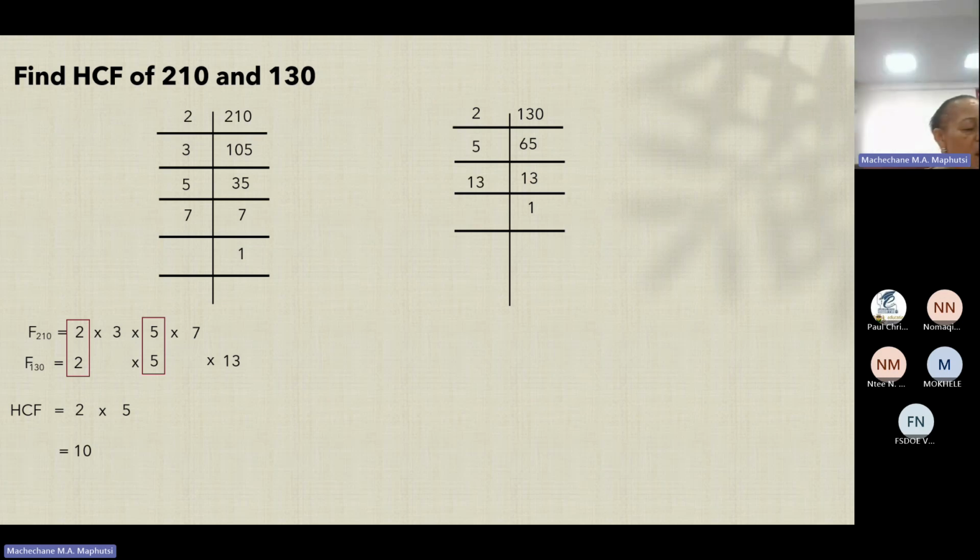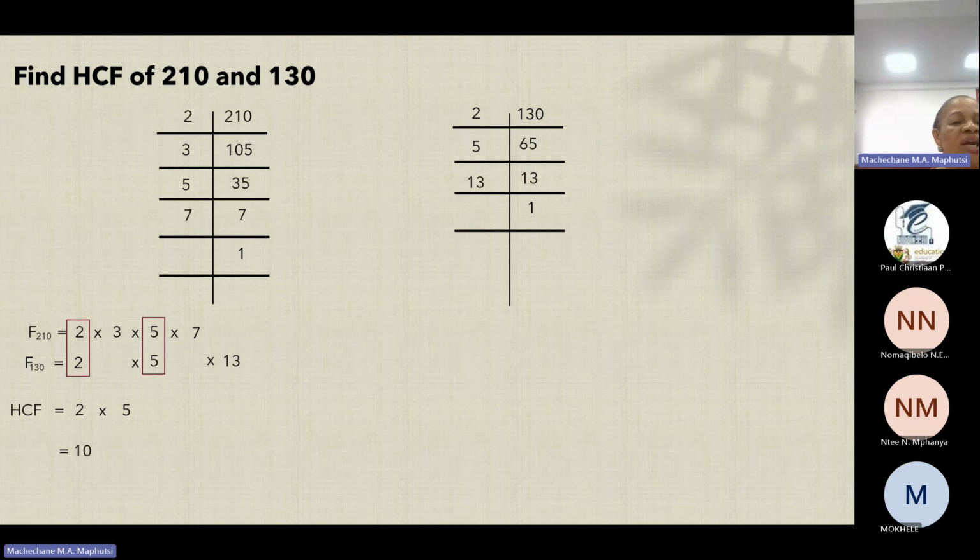Now check what we're going to do. Can you see that in both 210 and 130, there is a 2 which is common? For the two 2s, we just write one 2 because it is common to both. Also 5 is common.